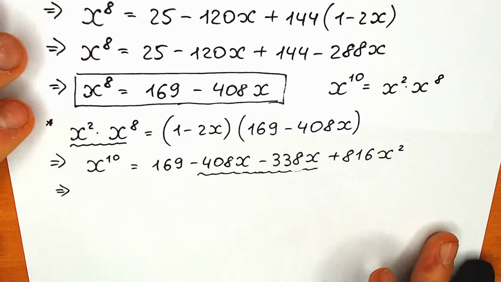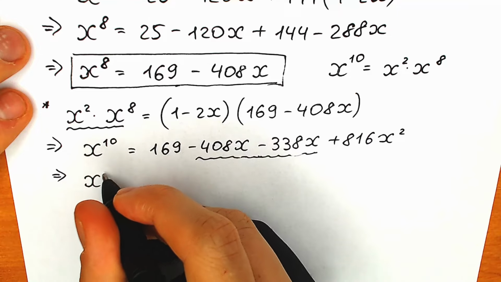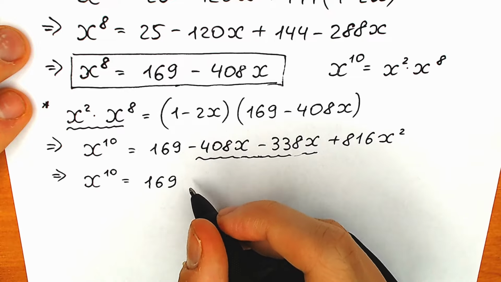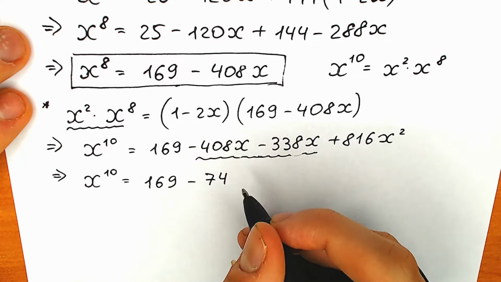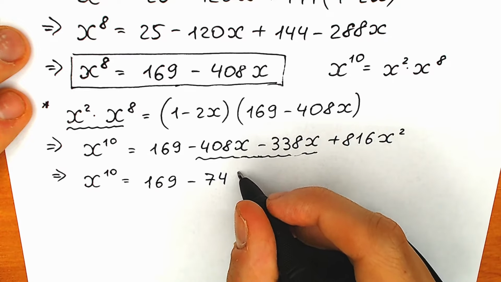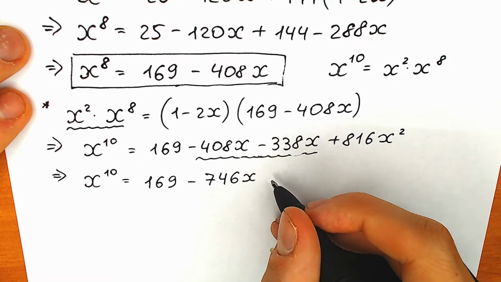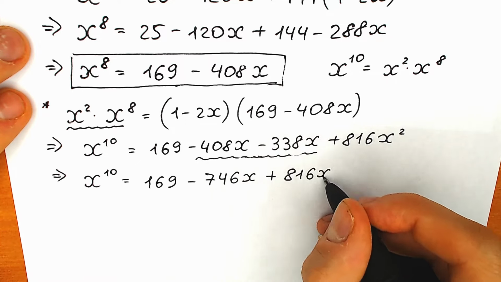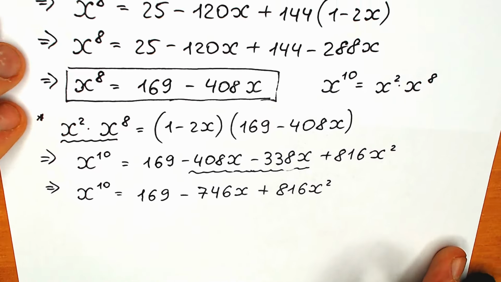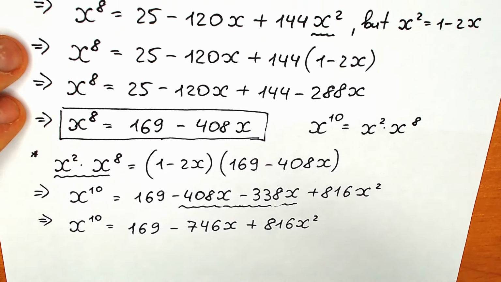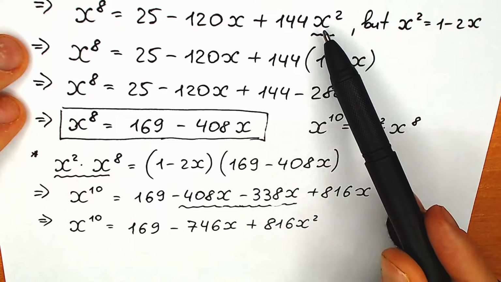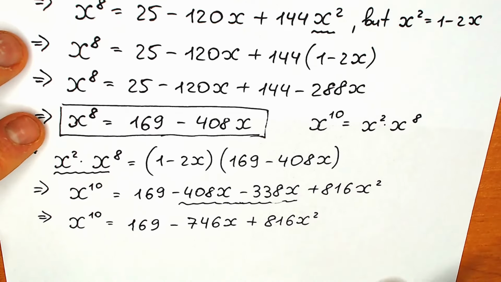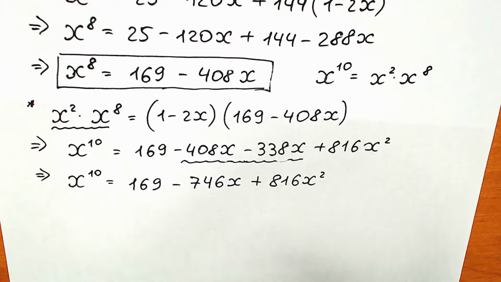As a result we have x to the power 10 equal to 169 minus 746x and plus 816x squared. The same logic as we did before: in the previous line we had an expression with x squared, but we remember that x squared equal to 1 minus 2x.